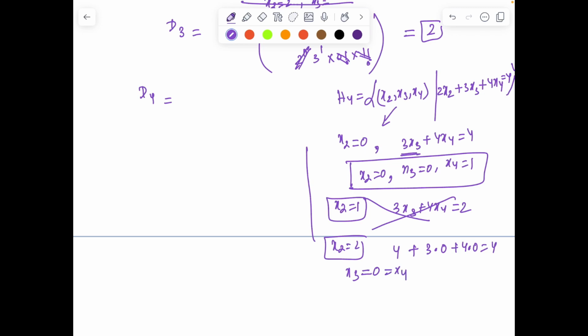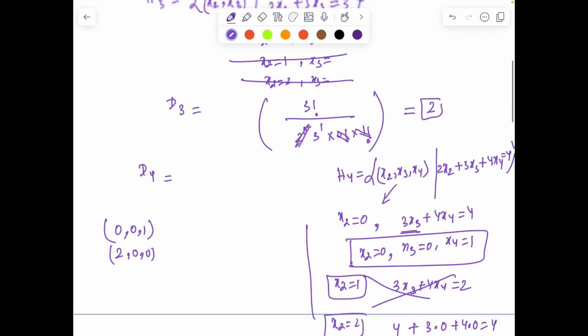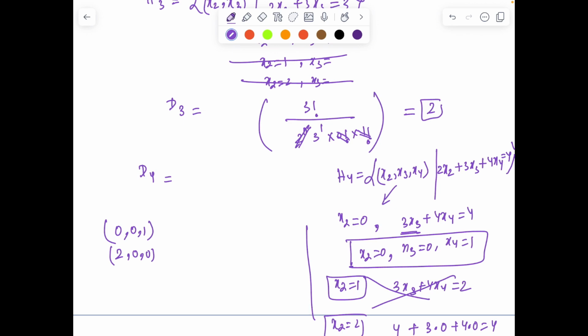So x2 2 will give x3 0 and so is x4. Right? And what about if x2 is more than 2? That's anyway not possible. So here we got the tuples (0, 0, 1) and (2, 0, 0).